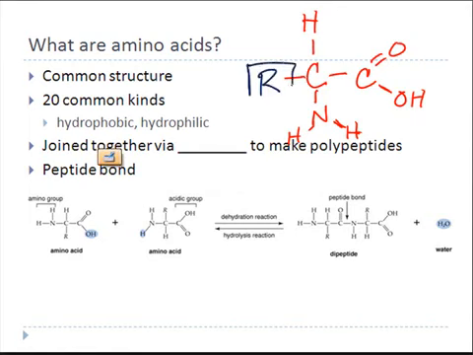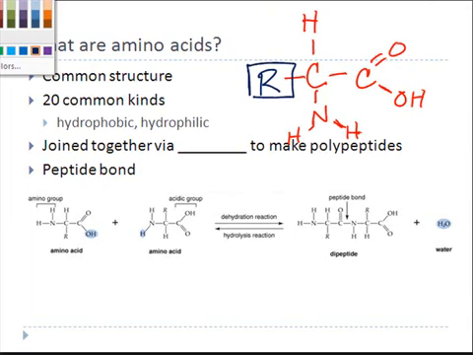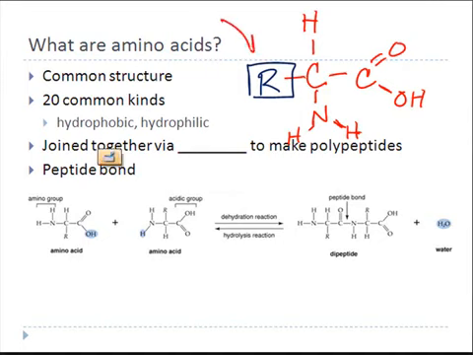And that R group can be any number of different molecules, from something as simple as a single atom of hydrogen up to very complex molecules. Depending on what R group you have present, you will have any number of up to 20 different commonly seen amino acids that we use in our body.